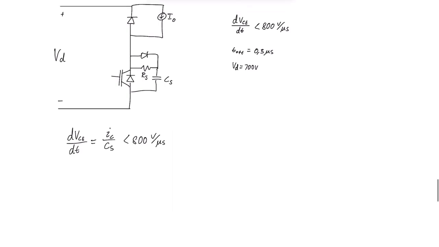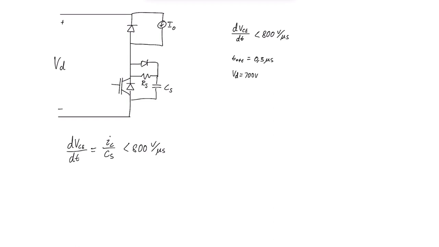And we know that at maximum, IC would be equal to IO, because the moment before the IGBT turns off, all of the IO current would go here, right? Around the IGBT. So let's say that IO equals 100 amps.